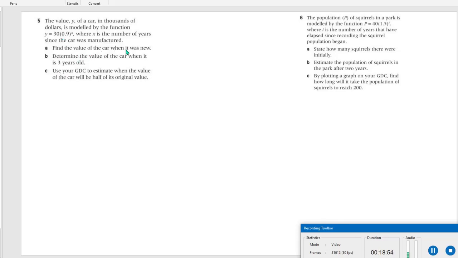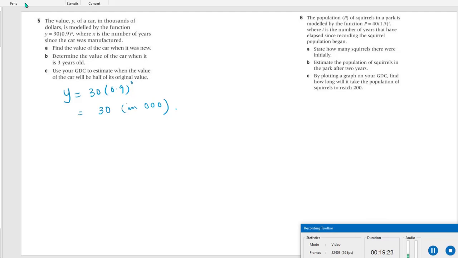Find the value of the car when it was new. When it is new, the x would be 0. So if we put x is equal to 0, 30 times 0.9 to the power 0, it would be 30, which is in thousands. So initially the value of the car would be $30,000. Determine the value of the car when it is 3 years old.